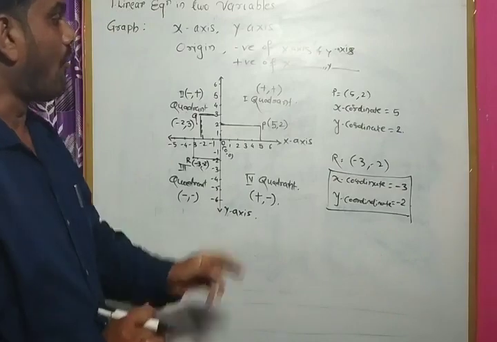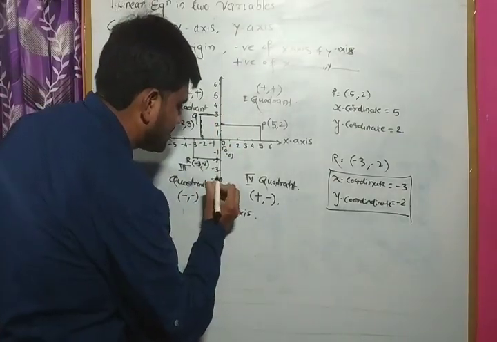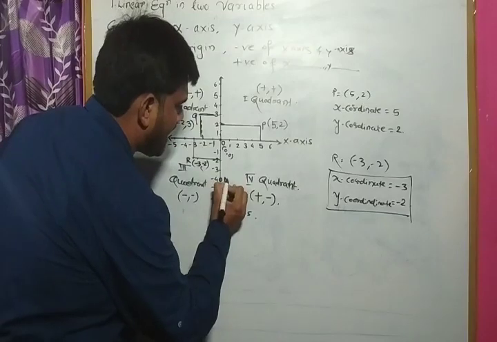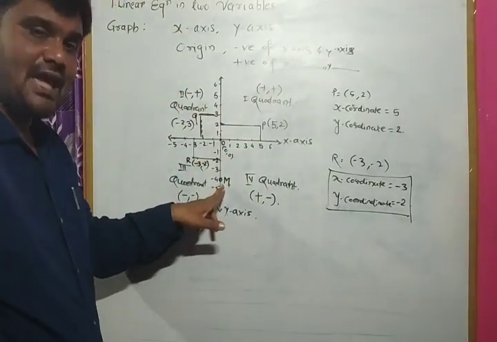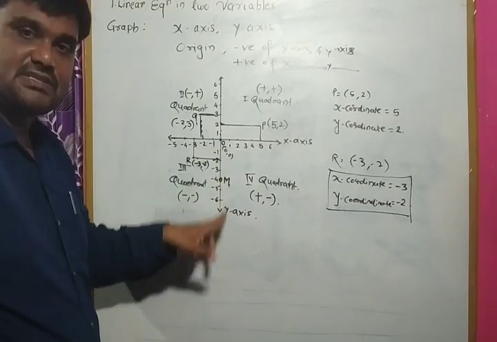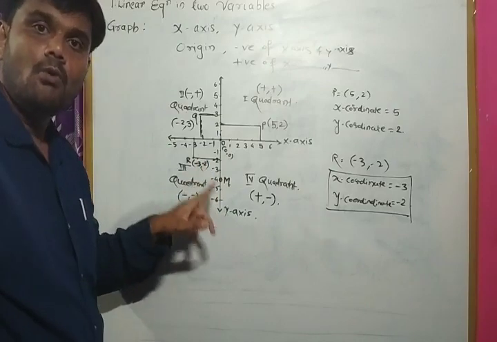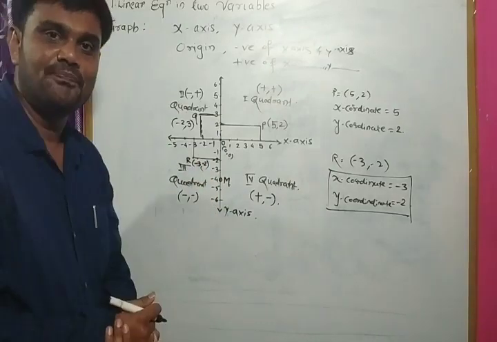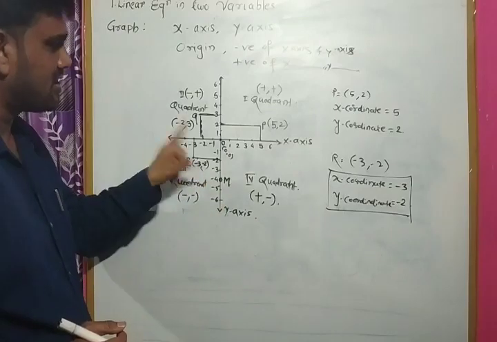Now the point M is lying on the y-axis. Then what will you do? Can you say it is in the first, second, third, or fourth quadrant?